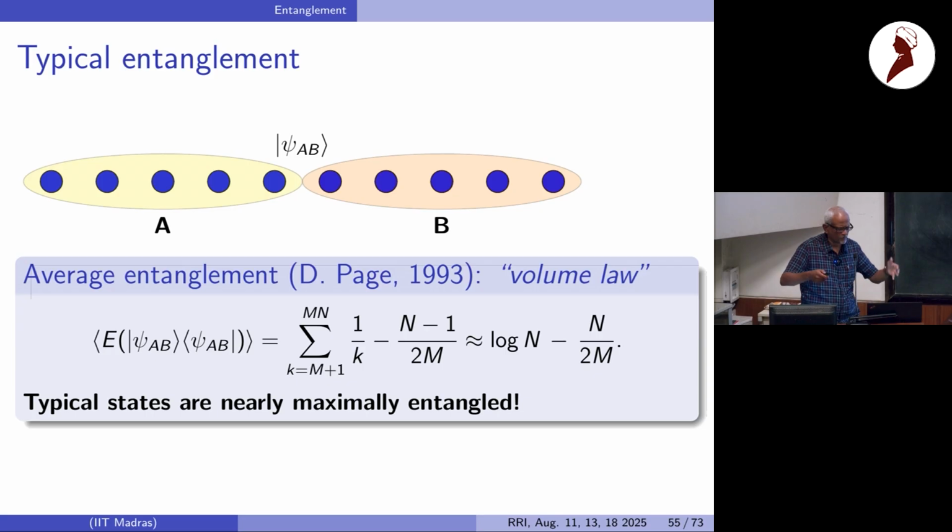You can think of m as the other subspace, which is like a bath, becoming very large, and then the subsystem entropy tends towards the maximum possible. This is beta equal to 2, time reversal breaking.